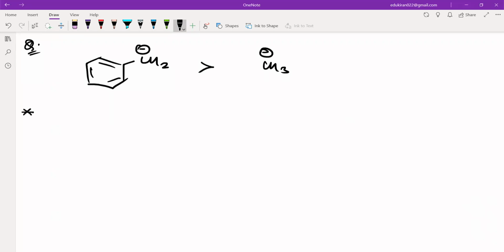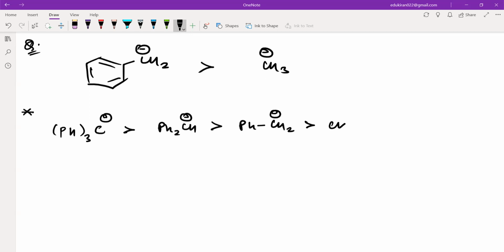Hence you can write the ultimate generalized order in which you have Ph thrice, that means Ph whole thrice, C negative, it will be most stable, followed by Ph twice CH negative, this will be next in stability, followed by one Ph and CH2 negative. This will be followed by a simple case of resonance, CH2 double bond CH single bond CH2 negative.